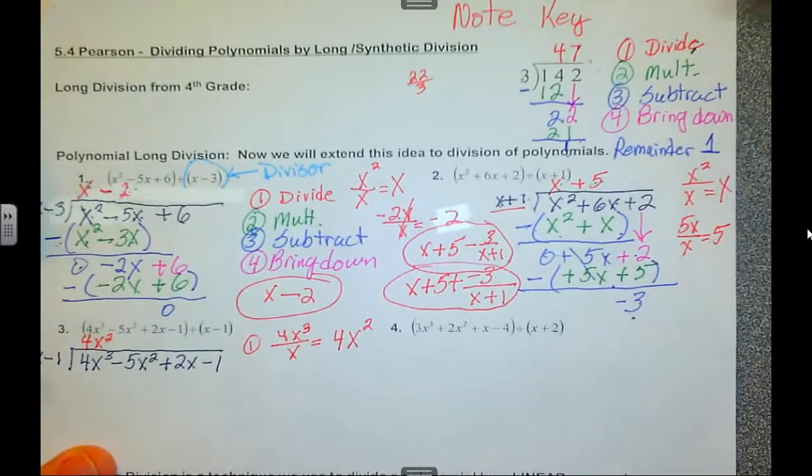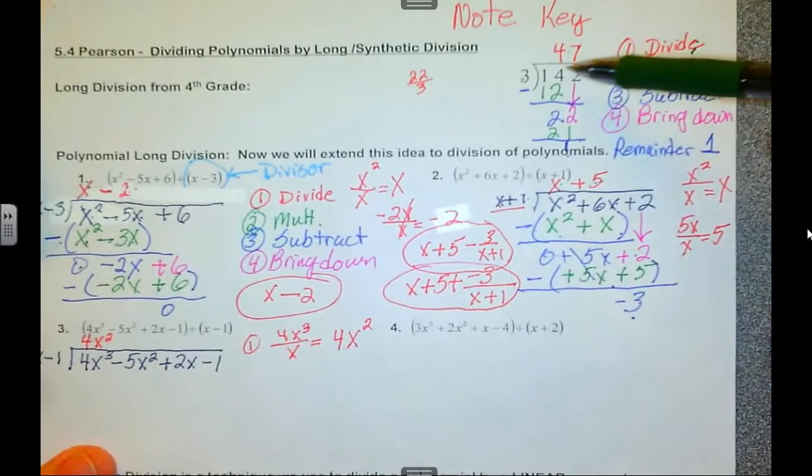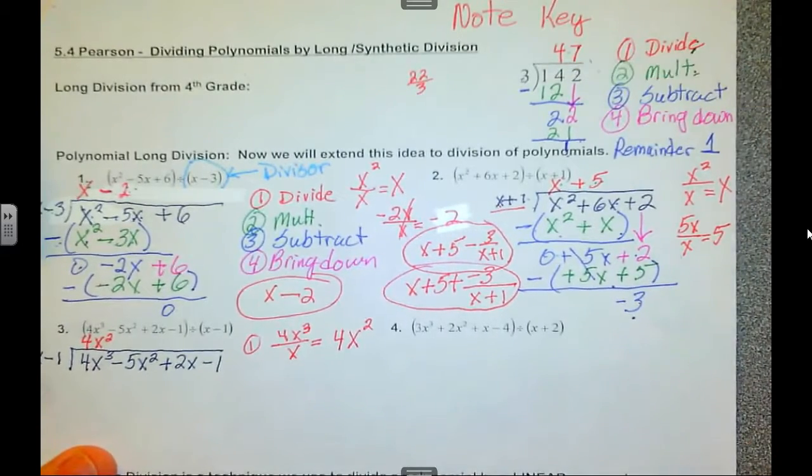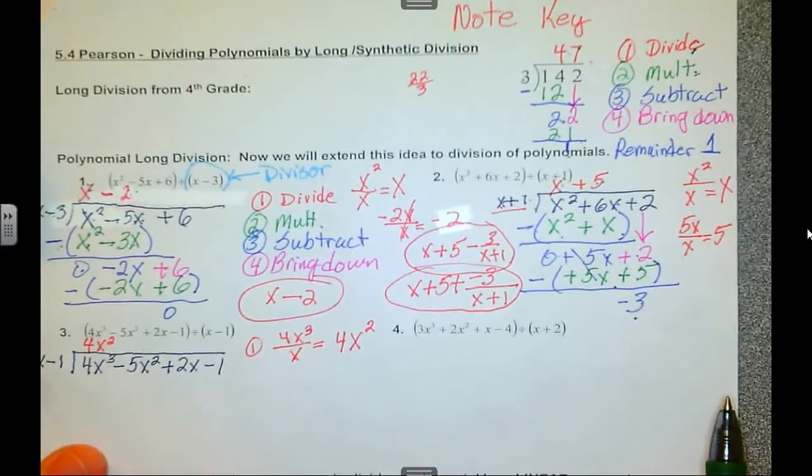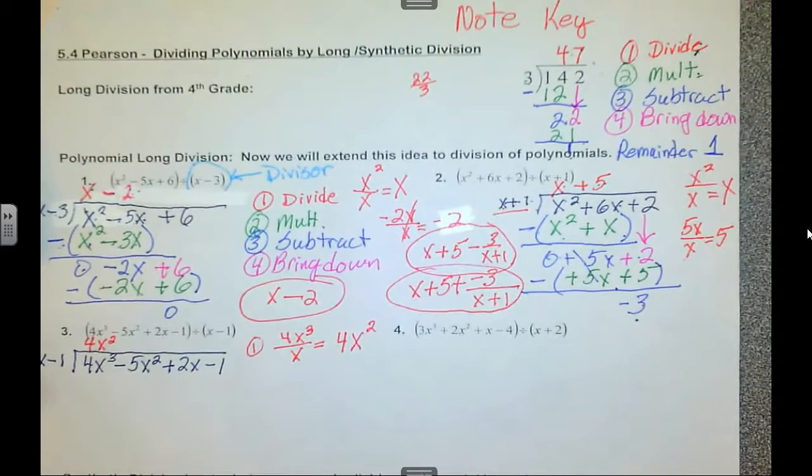Okay, we divided. Now we're going to multiply, just like you did back in the 4th grade. I know, but it's not like I want you to remember. You guys, I'm about to throw you guys out. It's not that I'm like, oh, you're bad because you don't remember.